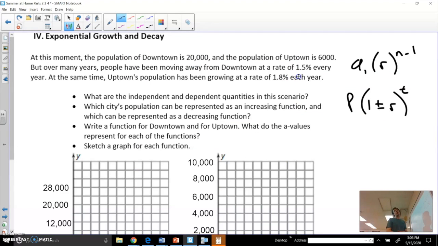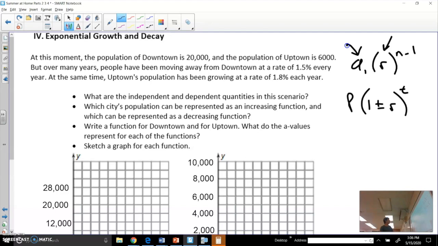So let's look at some context that may do more with population. When you're talking about population of towns, really think a lot about your geometric model. You have your first value, you have your common ratio, what you're multiplying by over and over, and then you have your exponent.